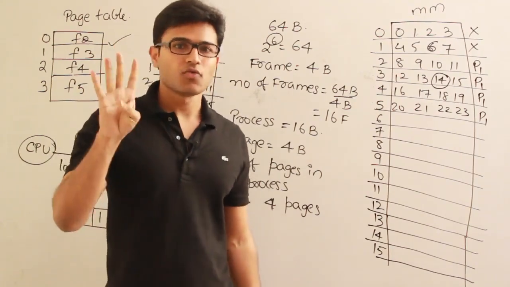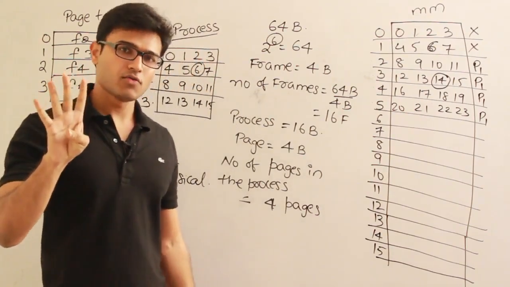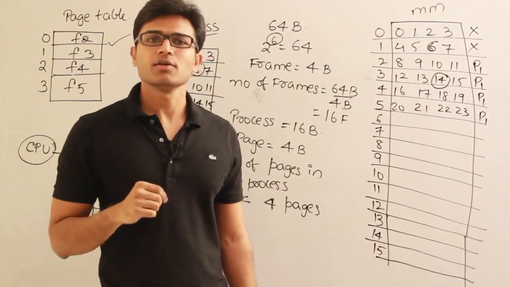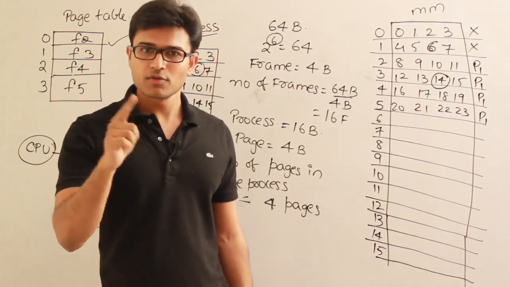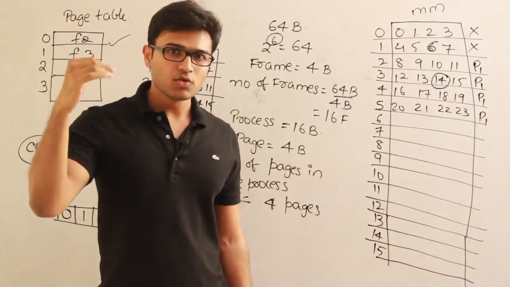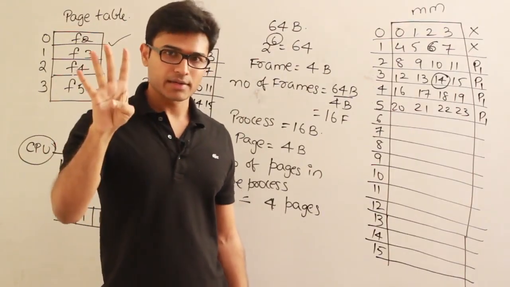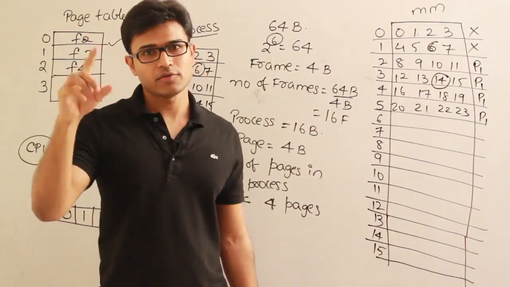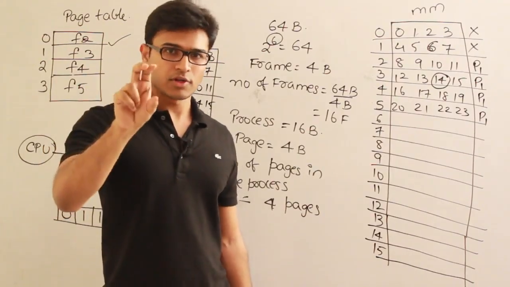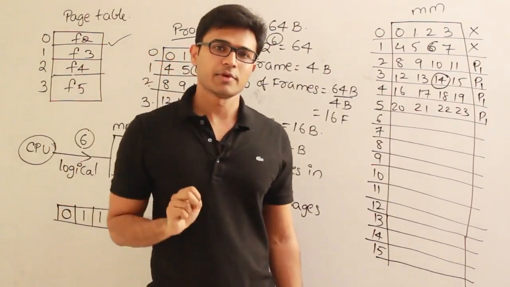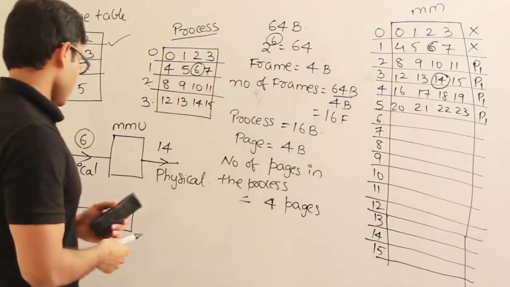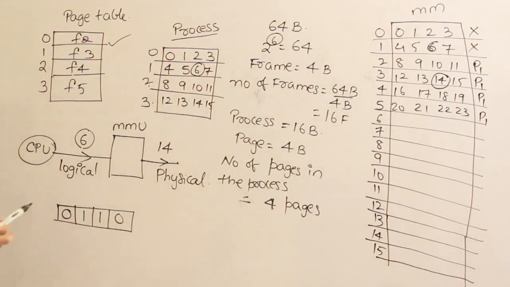Each page contains 4 bytes, and now I want to find one byte in the page. Therefore, how many bits are required? 2 bits, giving 00, 01, 10, 11. So with 2 bits, I'll be able to generate 4 patterns, and each pattern identifies one of the bytes in the page, isn't it? Therefore, I can use 2 bits as the offset.